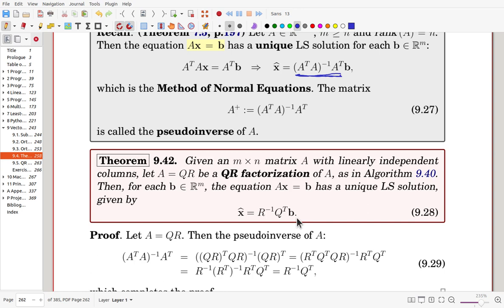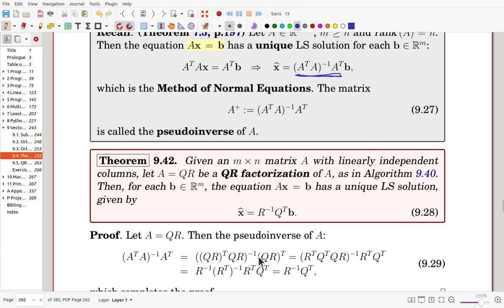For a proof of the theorem, we try to get the pseudo inverse. A is QR, so the pseudo inverse of A is (QR transpose QR) inverse times (QR) transpose.